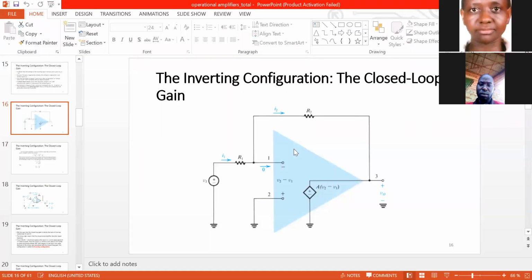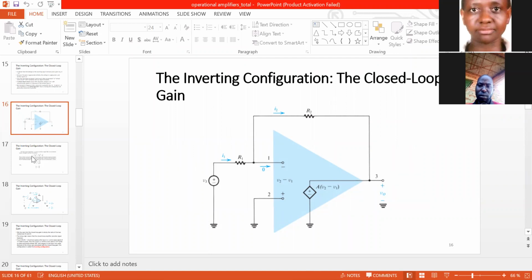So I think you can now see the screen. Okay, it is back.